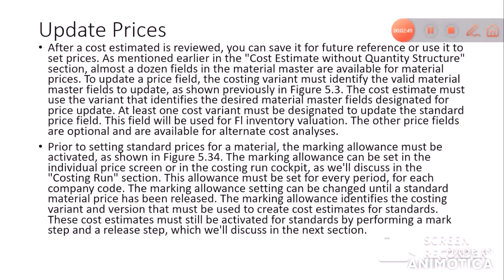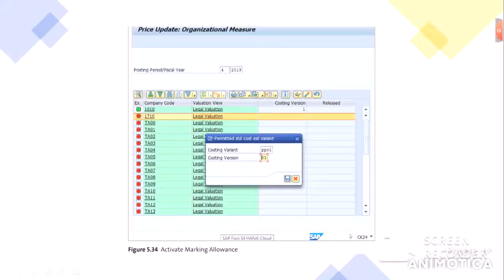The marking allowance identifies the costing variant and version that must be used to create cost estimates for standards. These cost estimates must still be activated for standards by performing a mark step and a release step, which we will discuss in the next section. So, costing will activate the marking allowance.